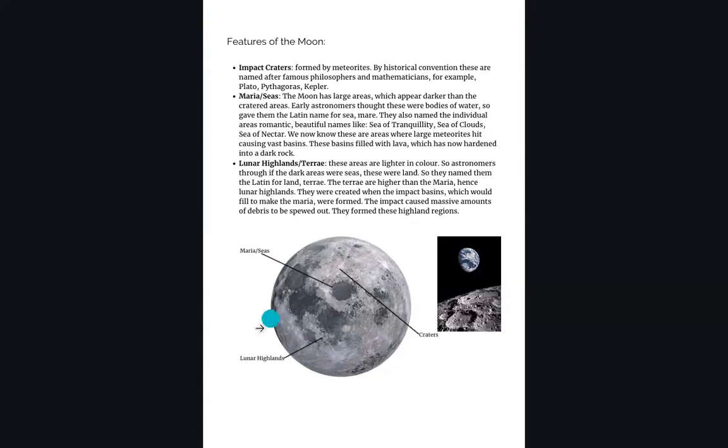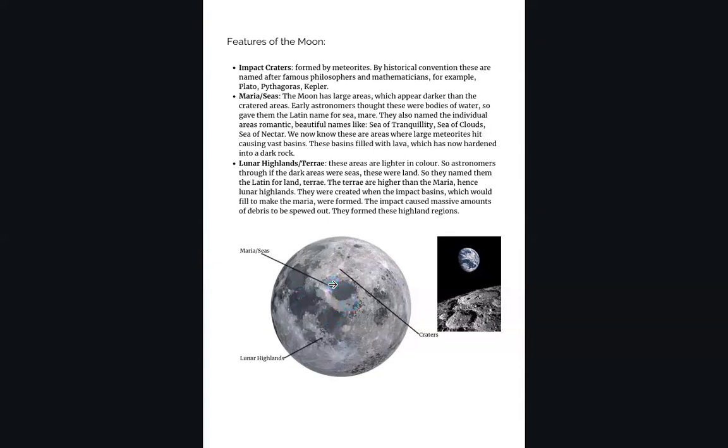So we see these areas which we call maria or seas, because when early astronomers looked at them, they thought they were seas, they thought they were covered in water. Now we know that this was where there were big impacts and massive craters produced, and lava came up and then hardened, and it creates these darker regions on the lunar surface.